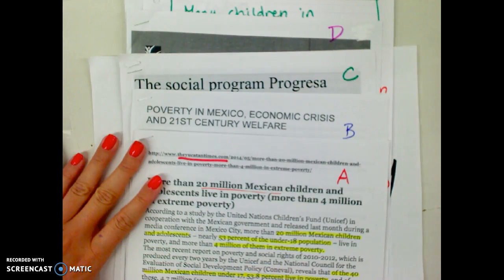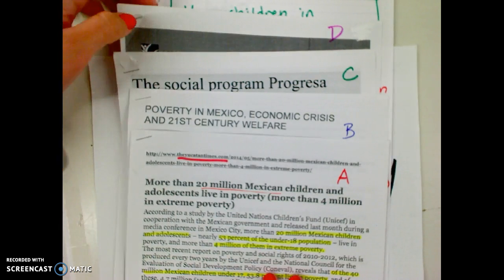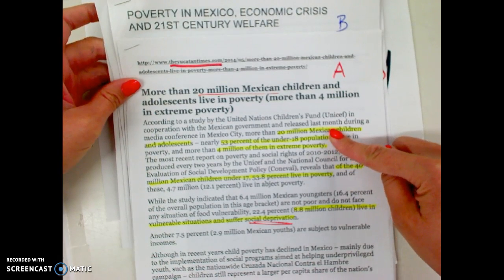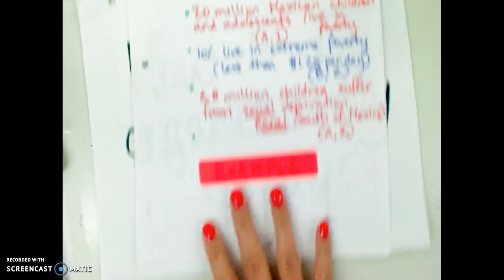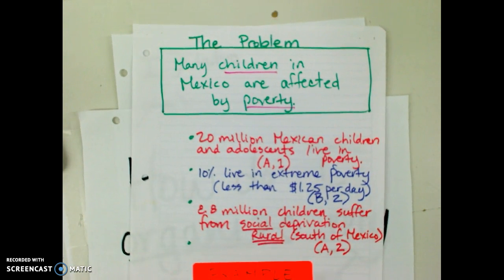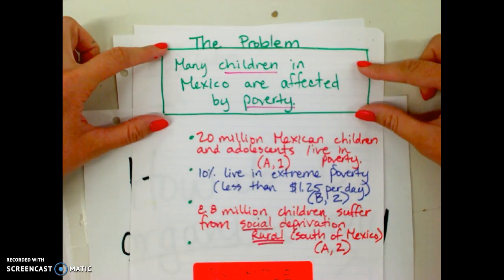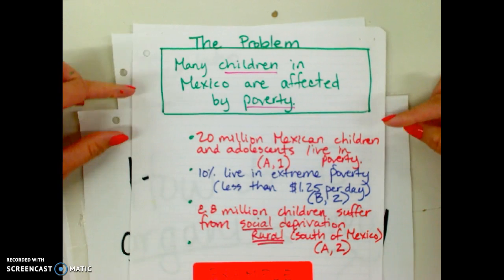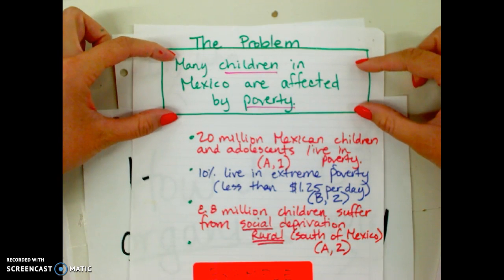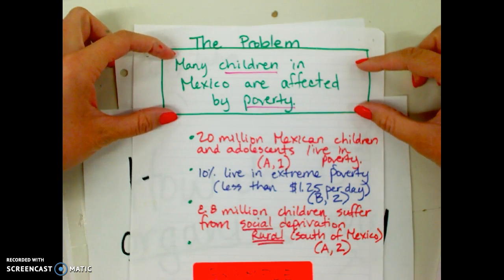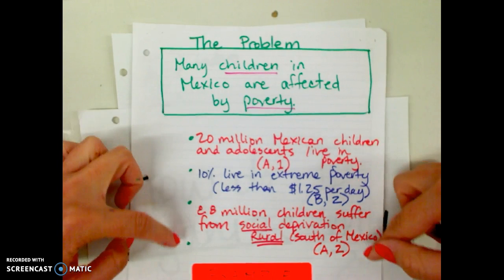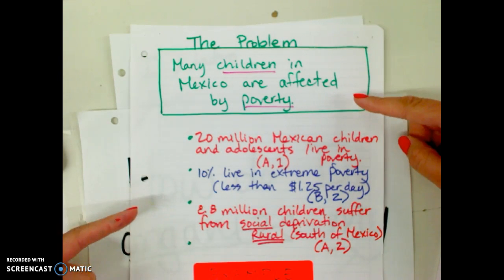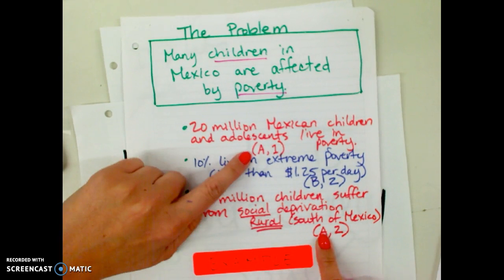So if you notice, what I did was, as I went through and highlighted information, details that I felt were important, I modeled for the kids how I would put that information into a boxes and bullets format, but identifying what I thought was the main idea of the article as the problem and the details to support that, pulling out what I thought were the most important key facts for this article, and then getting kids to develop their system for tracking that information.